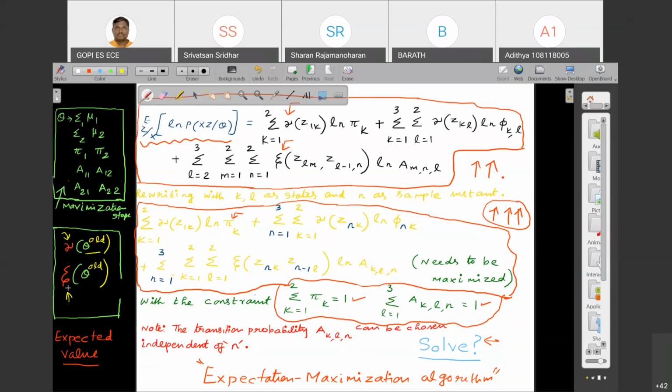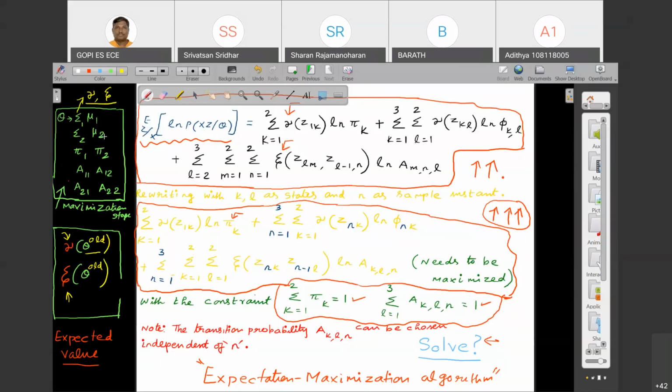Using this gamma and zeta, because you are in the maximization stage, all these elements, sigma 1, mu 1, sigma 2, mu 2, pi 1, pi 2, and so on, depend on your gamma and zeta, right?